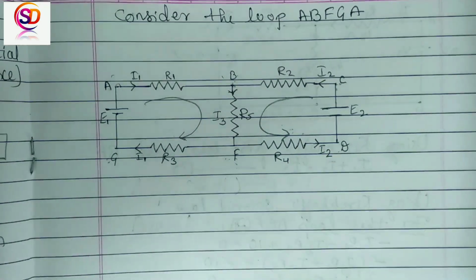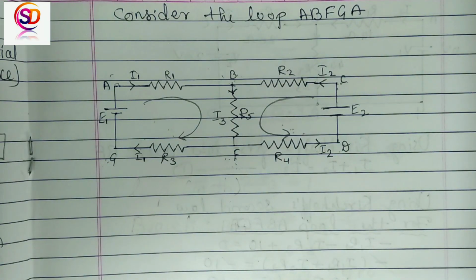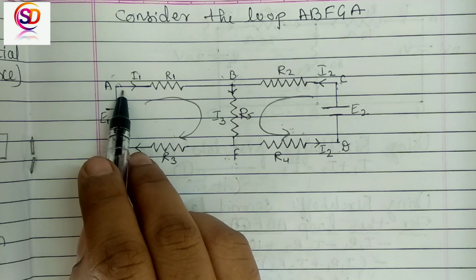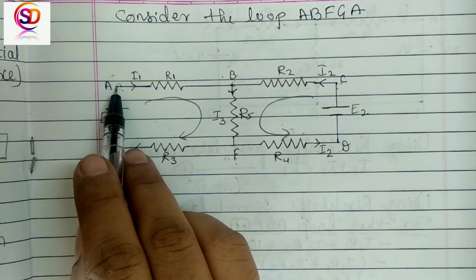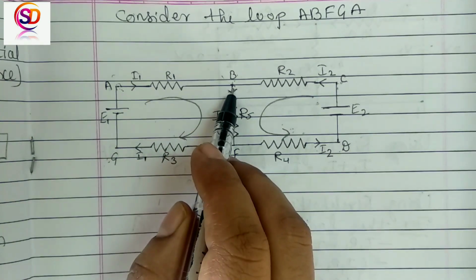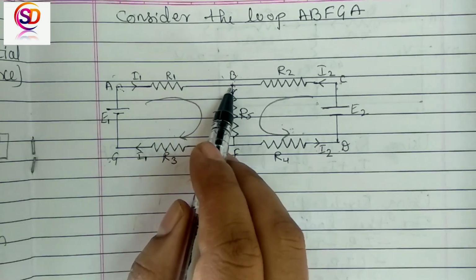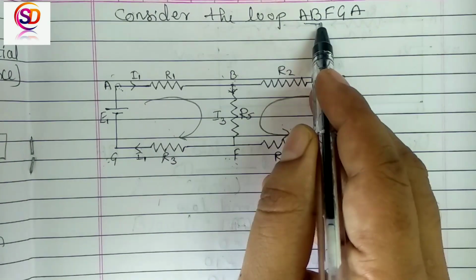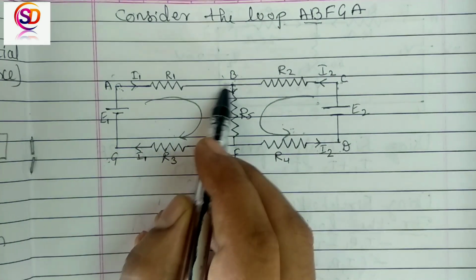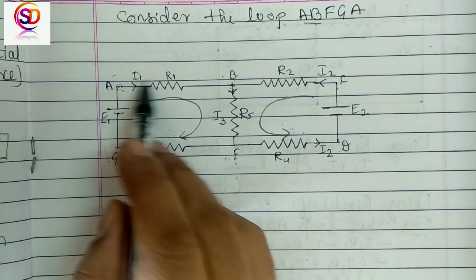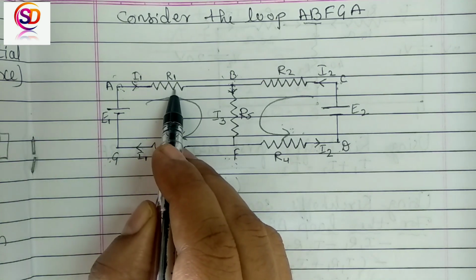Applying the sign conventions, what will you get now? According to Kirchhoff's second law, while traveling from A to B, you are tracing the path A to B, and the conventional current also flows in the same direction. The potential difference, that is V equals IR, should be taken as negative.